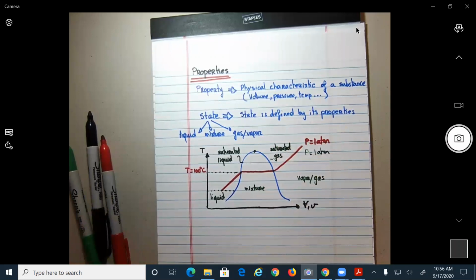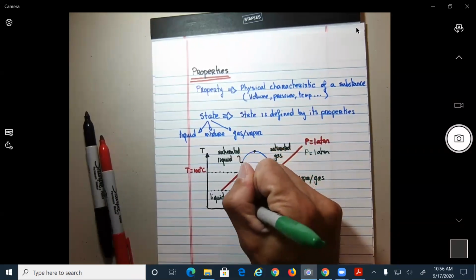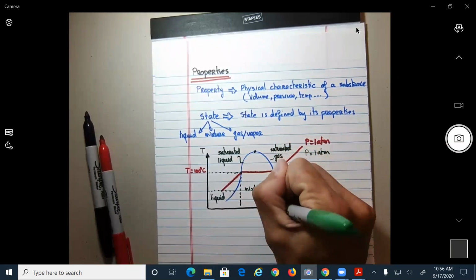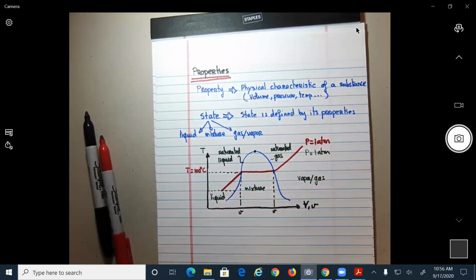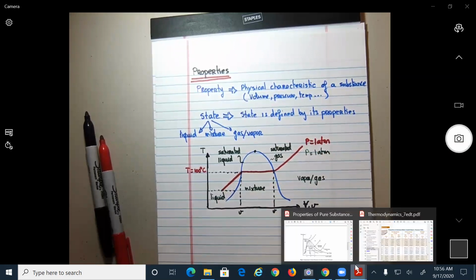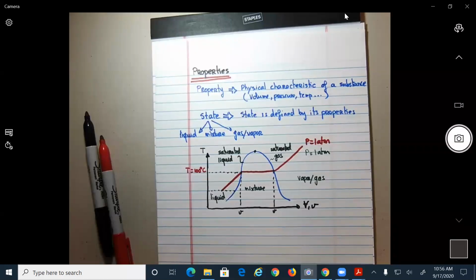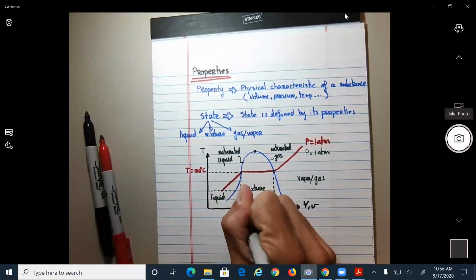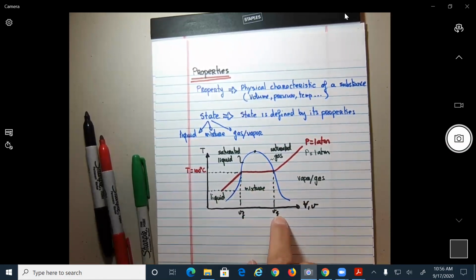So this value here, if you calculate it, will be V sub F, and this will be here V sub G. The F stands for fluid, and the G for gas, all right? So let's look at this figure.